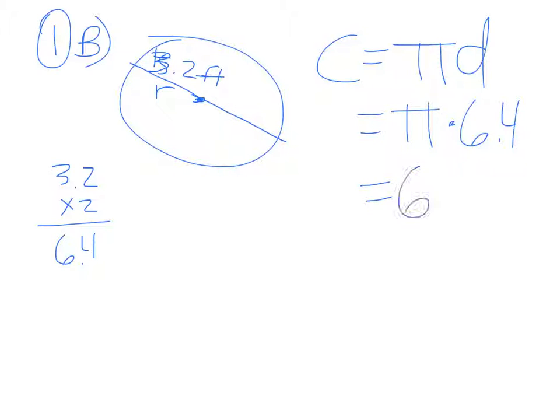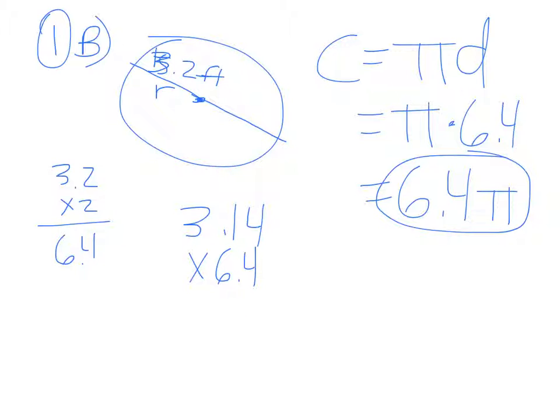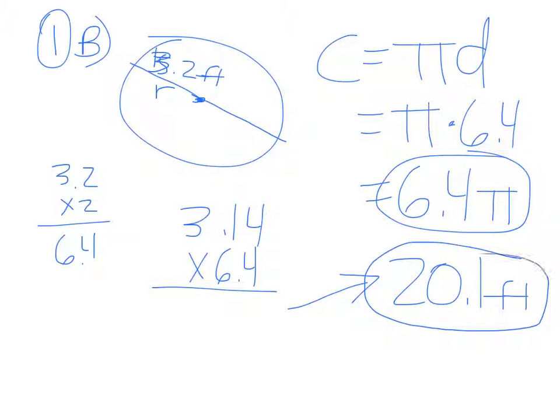If this was Khan Academy, you just write 6.4 pi. But in this case, we actually need to multiply 3.14 times 6.4. And it looks like you're rounding to the nearest tenth. So after you get your answer and you round, it comes out to about 20.1 feet. So both of these, 6.4 pi and 20.1, are the same thing.